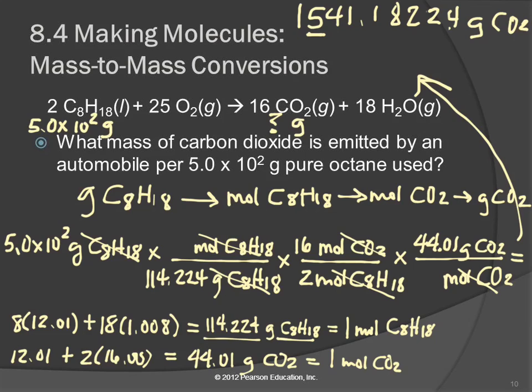So we need to put this in scientific notation. So it's 1.5 times 10 to the 3 grams of CO2. And that is the mass of carbon dioxide emitted by an automobile burning 500 grams of octane. Any questions? We're going to do more examples.